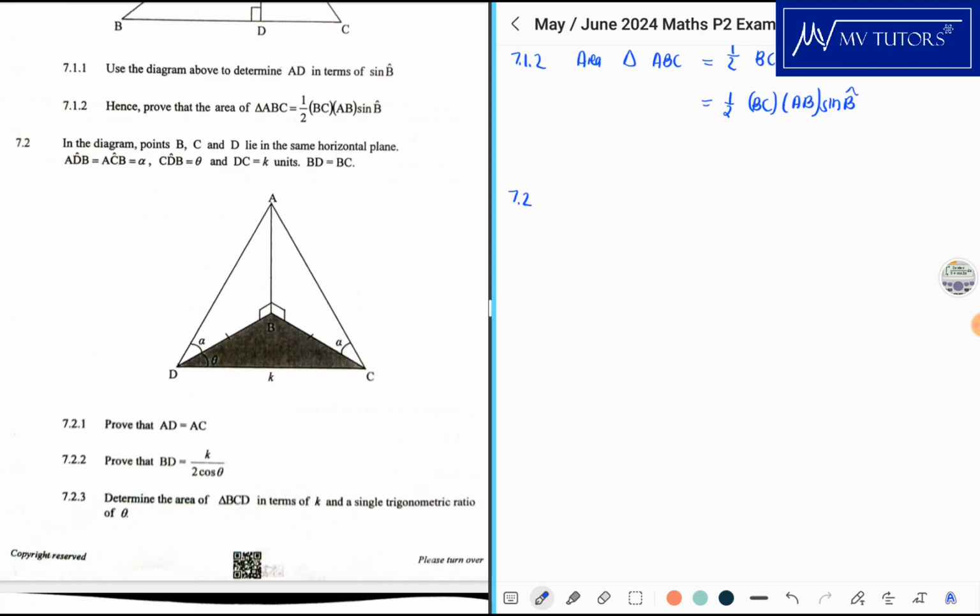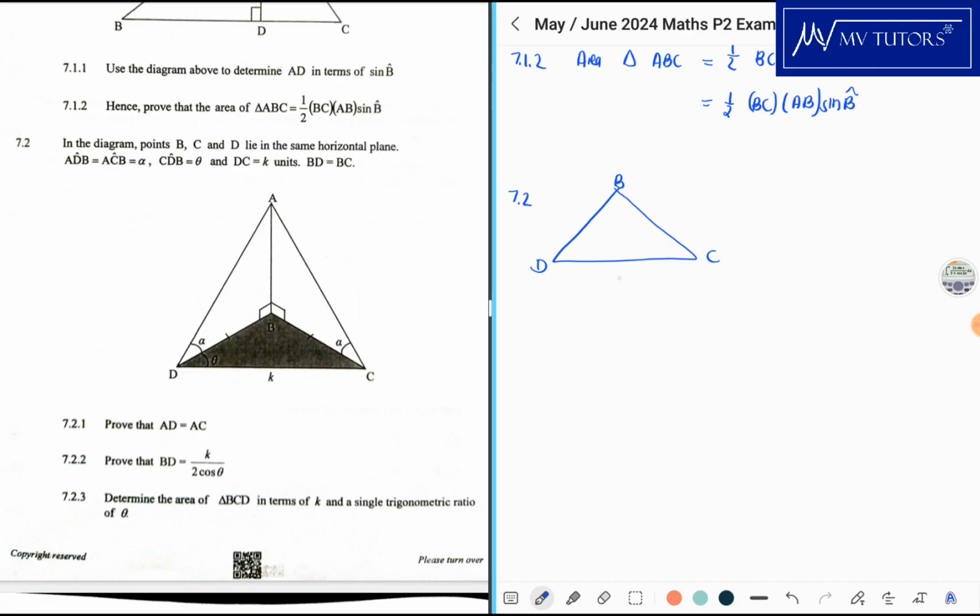Okay, now we can go over to 7.2. So in the diagram, points B, C, and D lie in the same horizontal plane. So I'm going to draw the triangle BCD. And what else do we know?